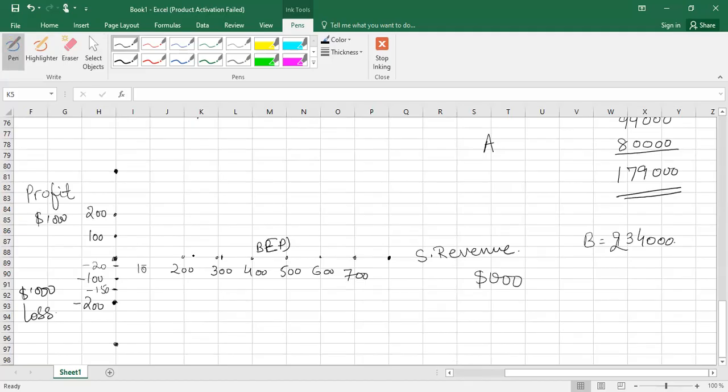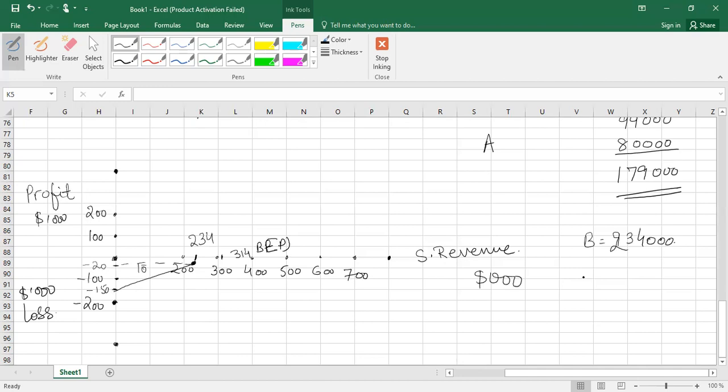So let me correct this for you. Assuming this is 234. The loss line is correct, 20,000, starting from the same, but coming over here. This one is 314, which is break-even point. Now we have a profit of 99,000.